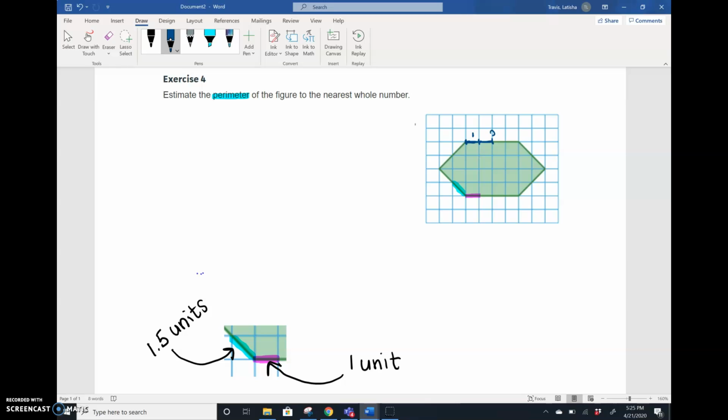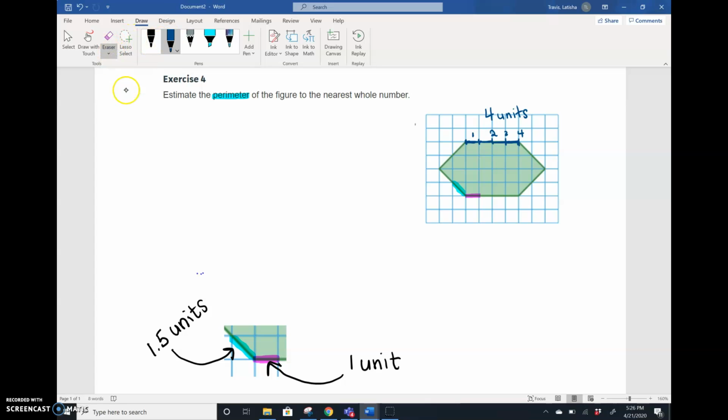Collectively, that's going to be 2 units. Then we have a third one, that's 3 units. And then finally a fourth length, that's 4 units. So this portion right here of the perimeter collectively is 4 units in length.